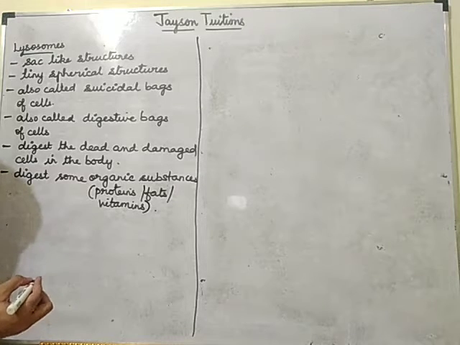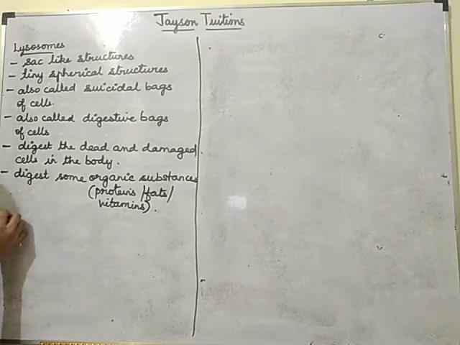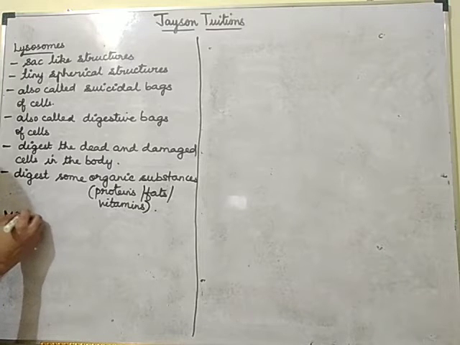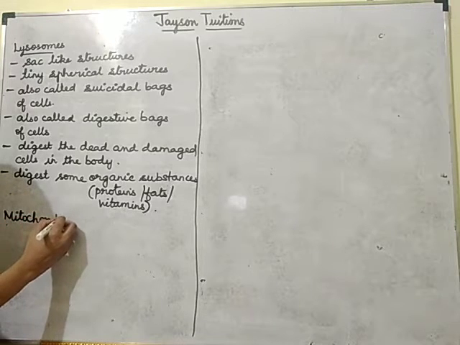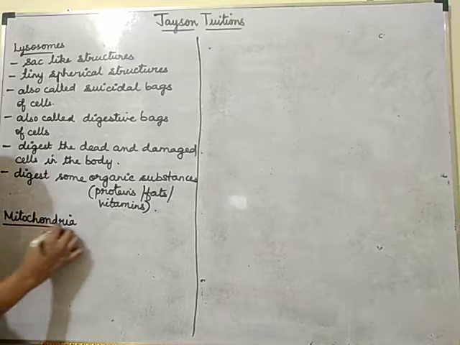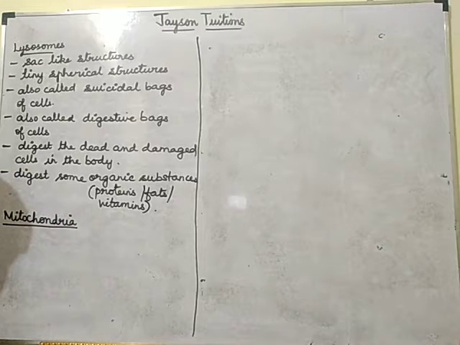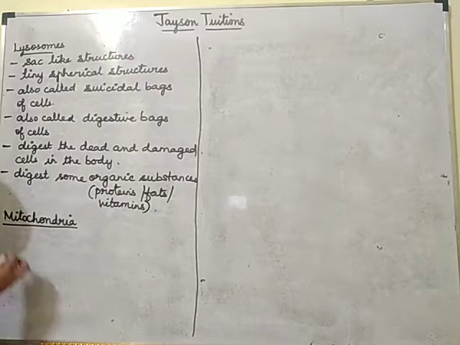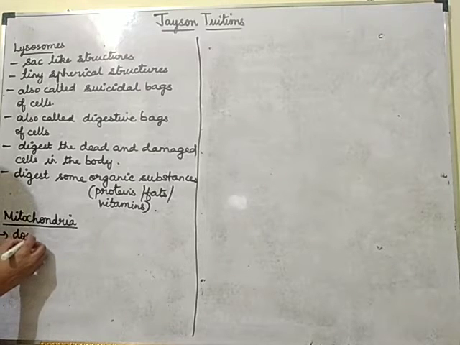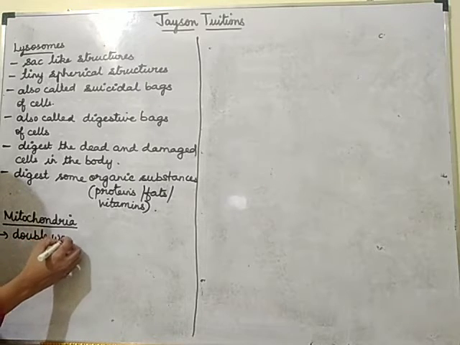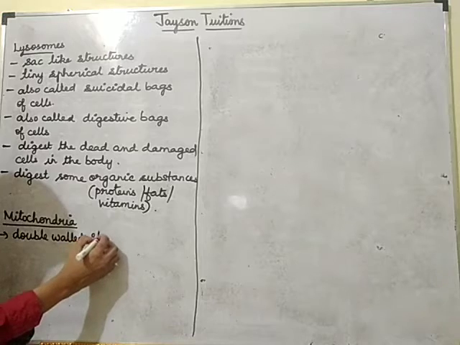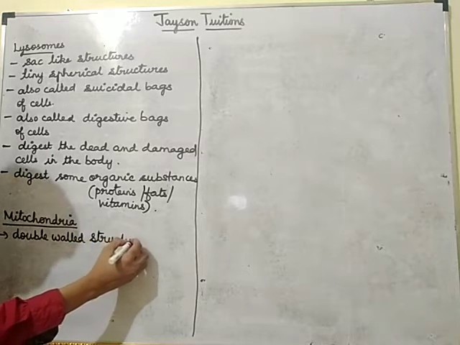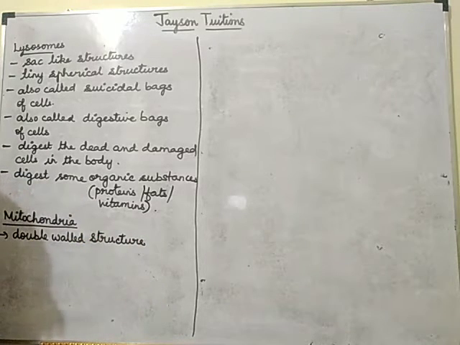So the next one is mitochondria. Mitochondria is a double-walled structure. Double-walled structure means it has two walls.